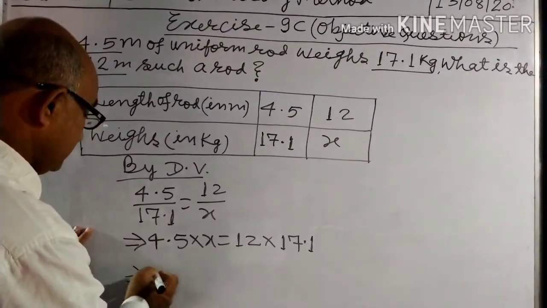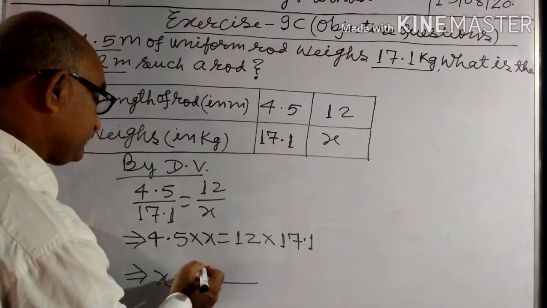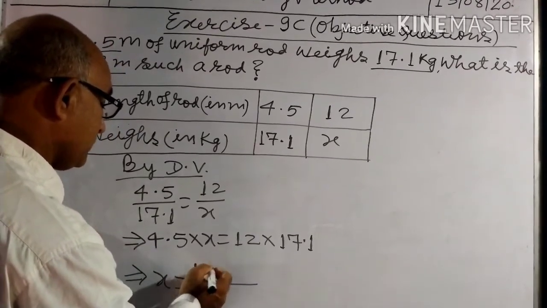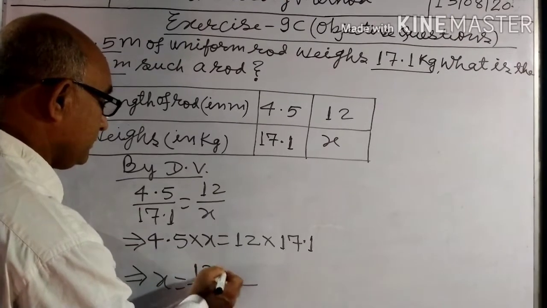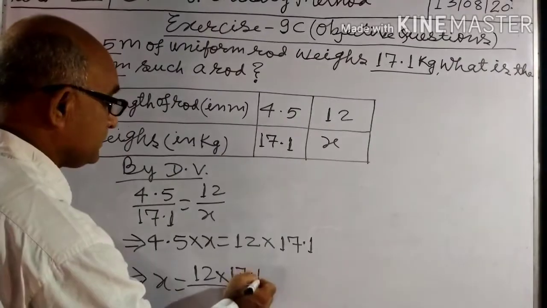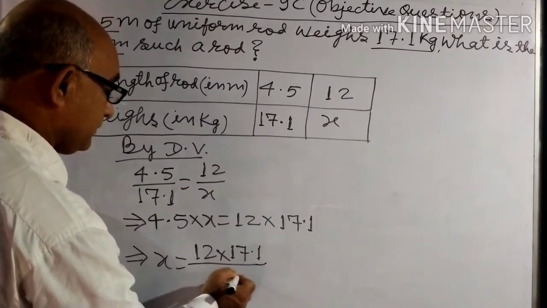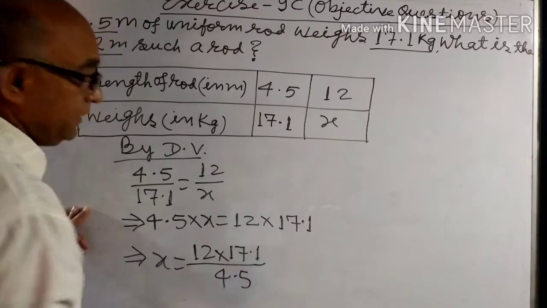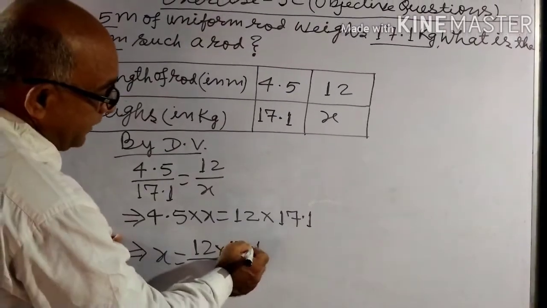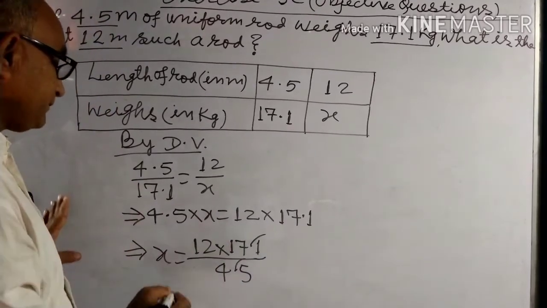That implies x equal to 12 into 17.1 divided by 4.5. After the decimal there is one digit, so the decimals are cancelled.